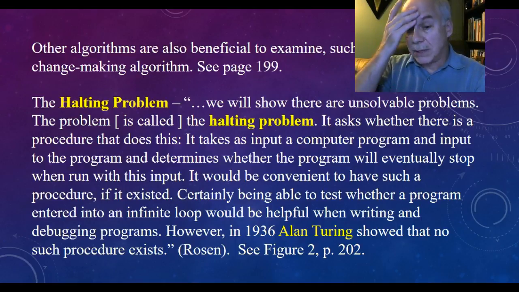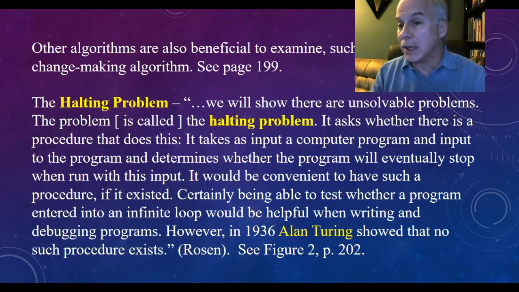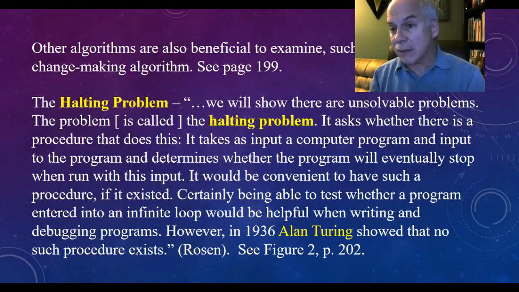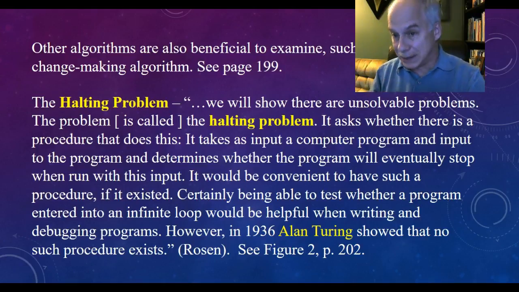So certainly being able to test whether a program entered into an infinite loop and therefore didn't have a solution, that would be very helpful when writing and debugging programs. But in 1936, Alan Turing showed that no such procedure exists.